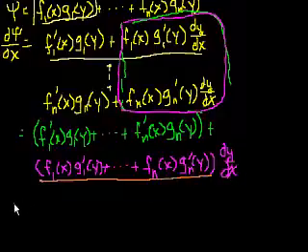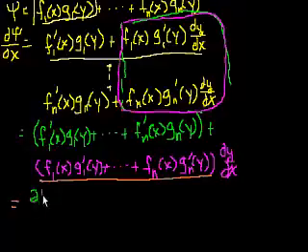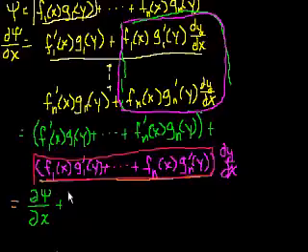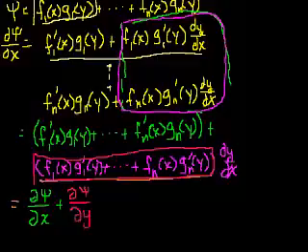So you could write this green part as the partial of xi with respect to x, plus, this magenta part right here is the partial of xi with respect to y, and then times dy dx.